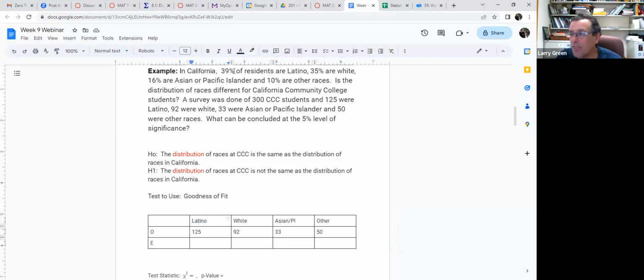Well, 39% should be Latino. So we're going to take 0.39 times 300. And that's how many Latinos we would expect to get if we really got this percent, the 39%.